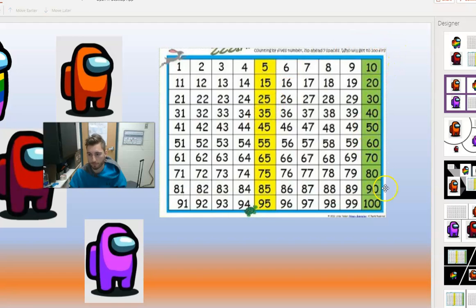In the green, those are multiples of 5. Notice how there's a 0 in the 1's in all these numbers. If you ever see a 5 or a 0 in the 1's place, you know that if we're counting by 5s, we're going to eventually hit that number.